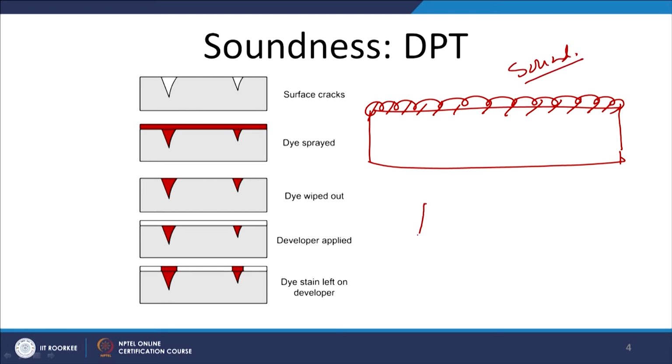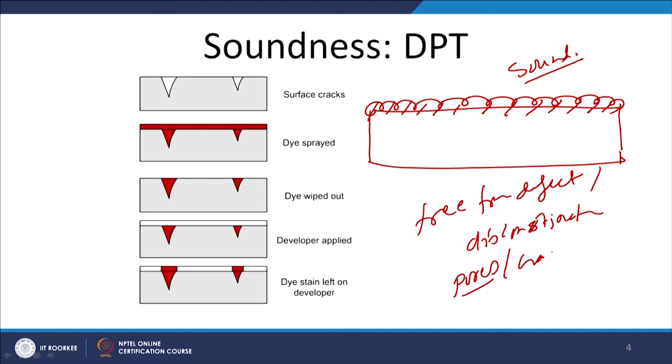Sound means whether it is free from defects and discontinuities or not, in the form of, say, pores, cracks, or inclusions. So, defective modified surface layers will lead to increased tendencies for easy crack nucleation, growth, and premature fracture, higher metal removal rate, and higher wear rate.